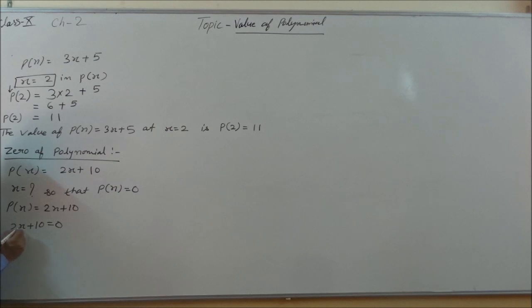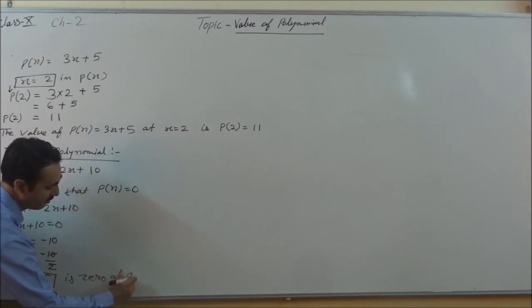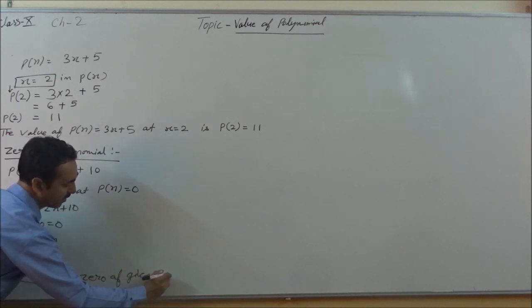We will solve this. 2x equals, this will become minus 10 by the transposition method. Now 2x is equal to minus 10. Now this 2 will go to the other side by the transposition method. 2 fives are 10, and minus. So x equals minus 5 is the zero of the given polynomial.